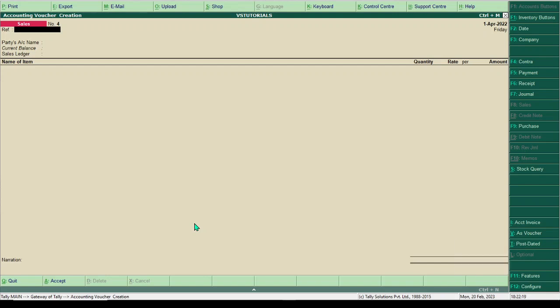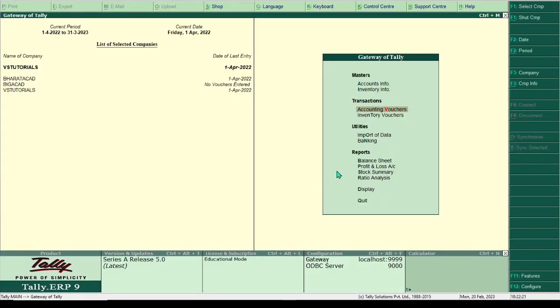So what we have done is we have sold to the customer at the sundry debtors ledger, means the customer will have to pay us back in the future time.